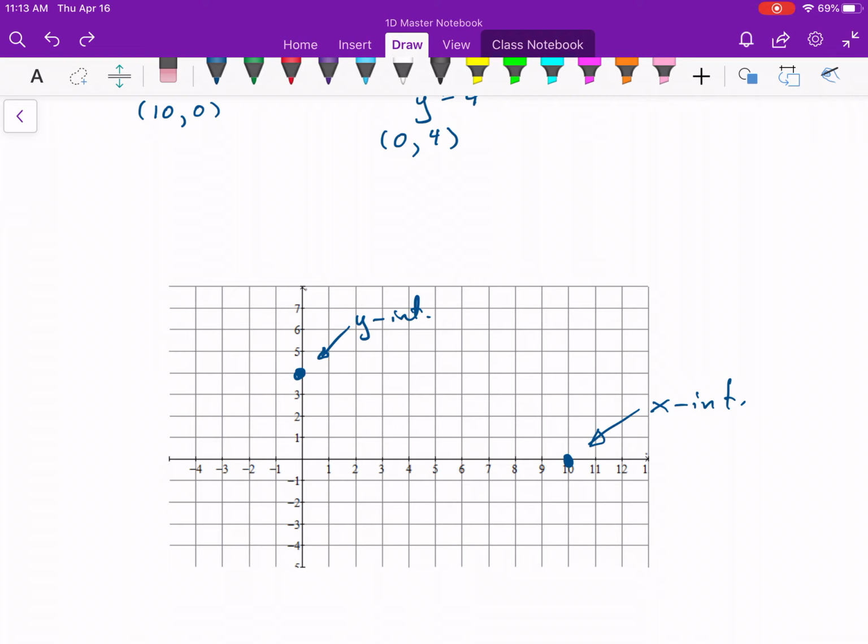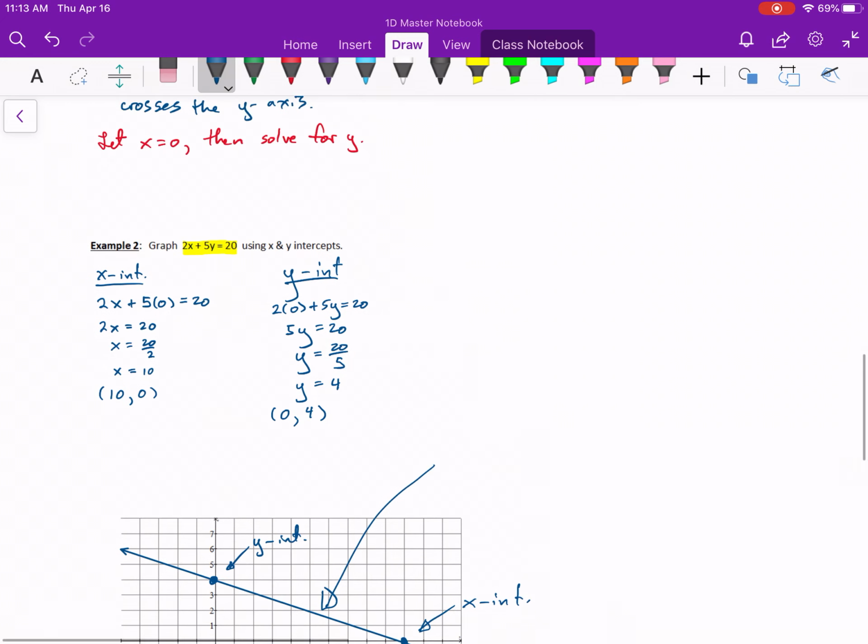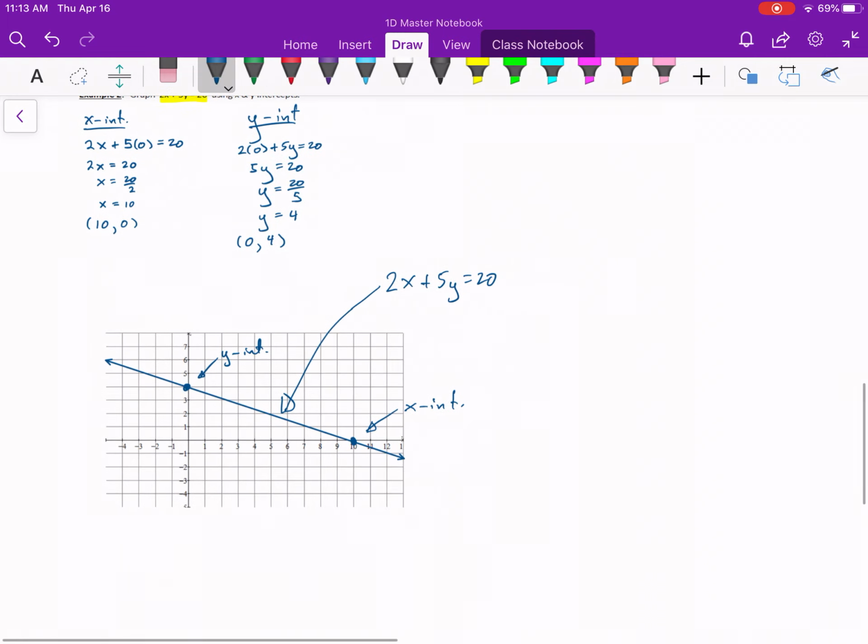I guess if I start here, maybe I'm good. There we go. Okay, there's my line. So that's a different way of graphing a line. Again, what have I done here? I've graphed the line 2x plus 5y equals 20. That's this line here.